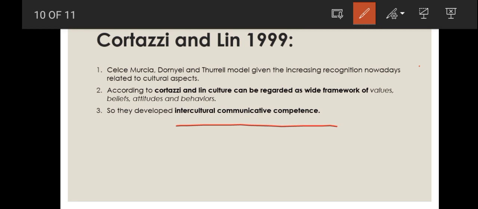For L2 teaching purposes, you can see here that all the competencies are important. All the topics are important. As you can see with strategic competence, we also face situations when we are not able to speak or say something.